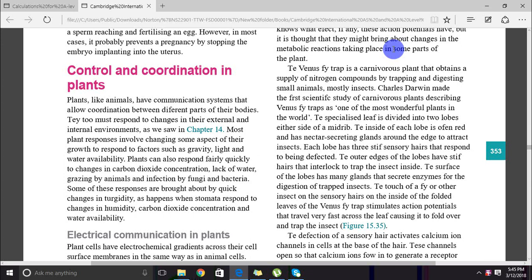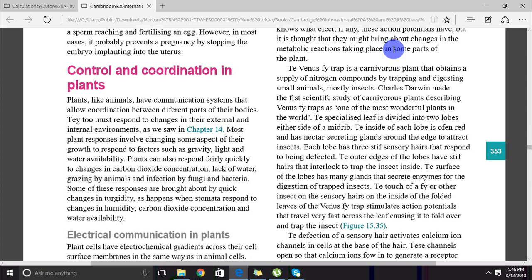Similarities, that electrochemical gradients do exist between the cytoplasm of the cells and the immediate surroundings. And action potentials do get triggered, and repolarization is indeed taking place. So some of the basic aspects of neuronal communication is there.